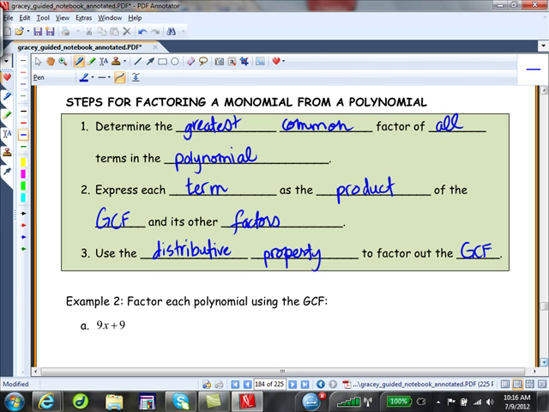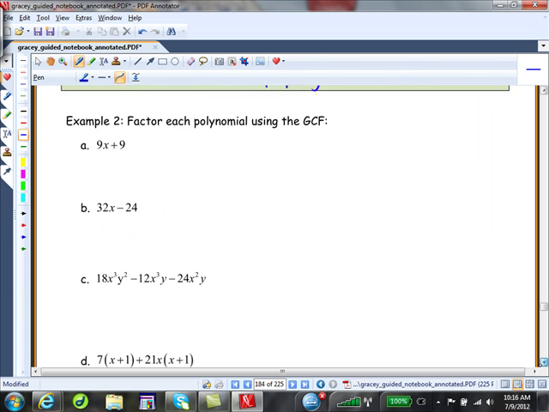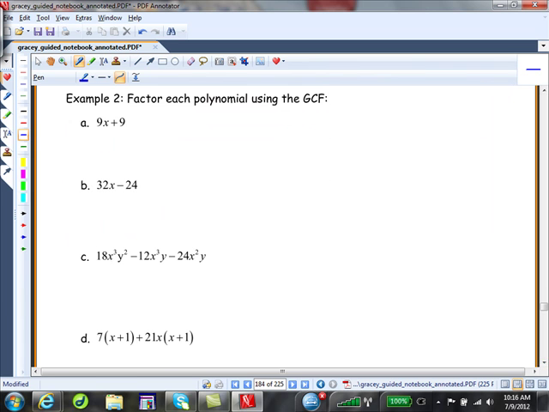Okay, so let's take a look. What is the GCF of this one? If I was writing this guy, I could write it as 9 times x plus 9 times 1.